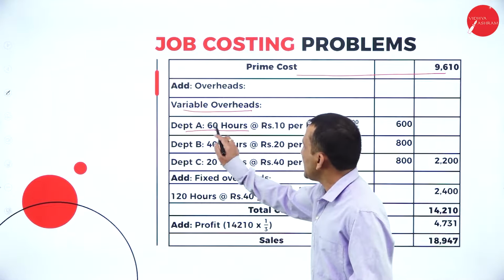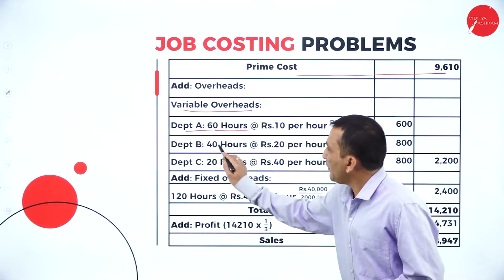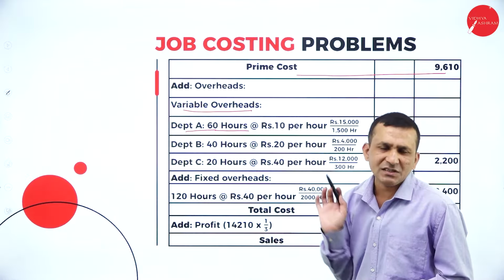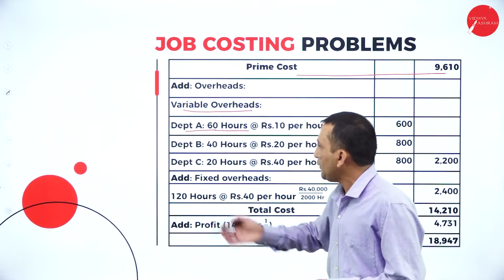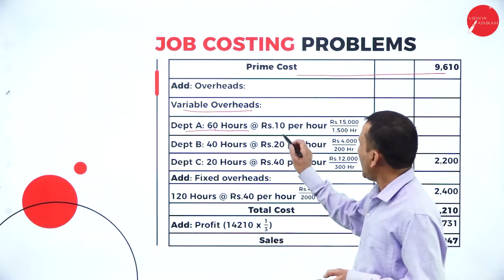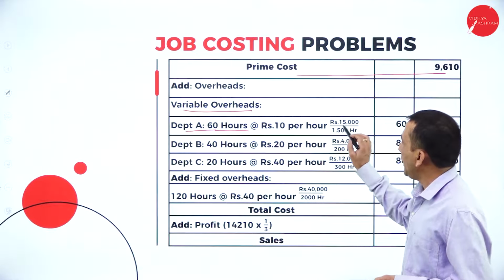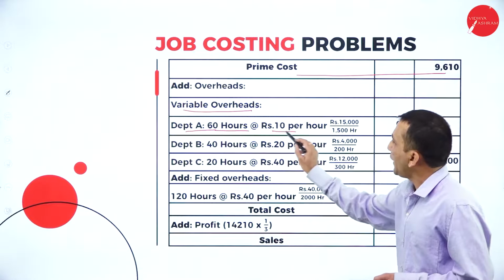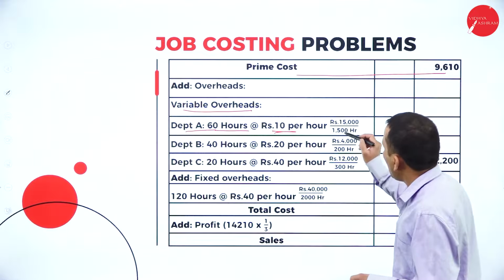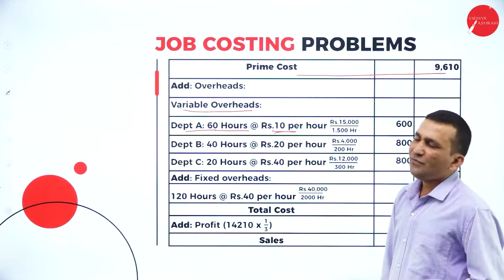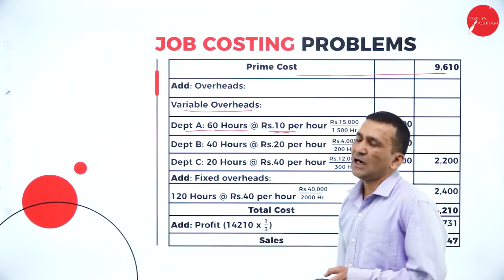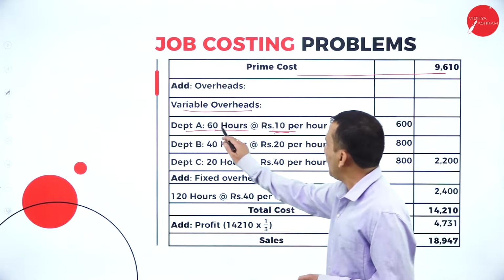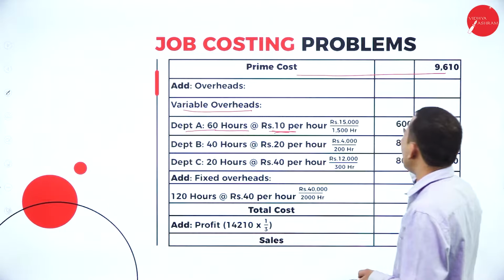Easily the rate is 10 rupees per hour. Now if you multiply 60 into 10, 600.